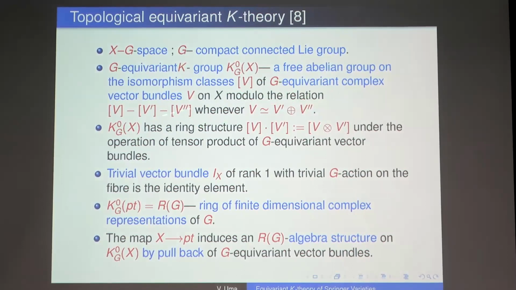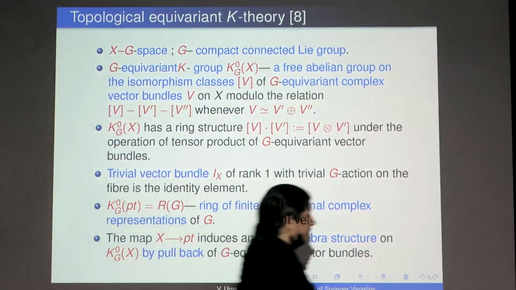So the relations are just whenever V is isomorphic to the direct sum of these two vector bundles, we just say that the class of V is the class of V prime plus V double prime, the class of V prime direct sum V double prime.